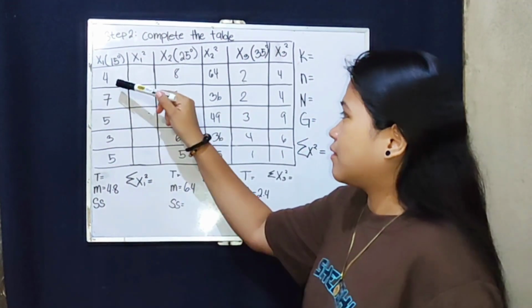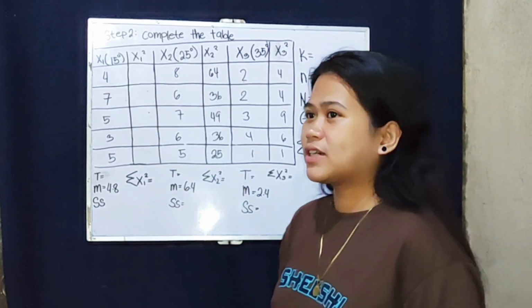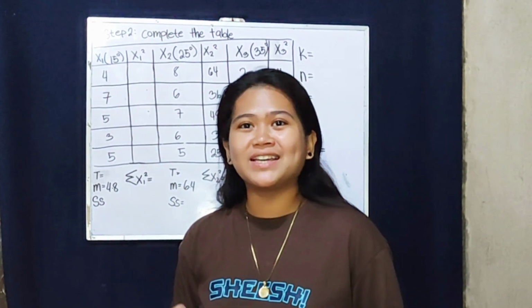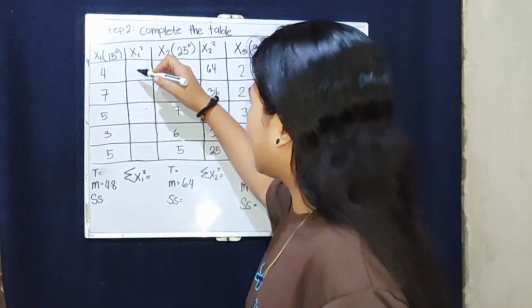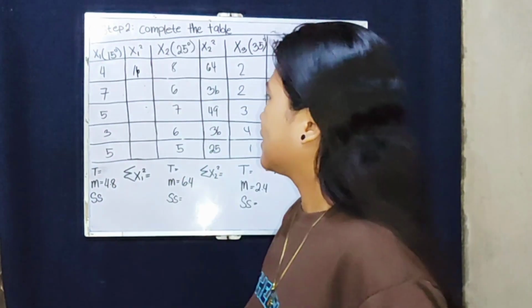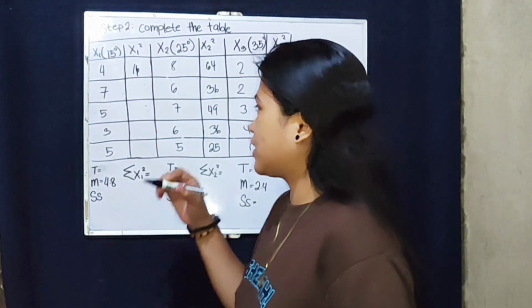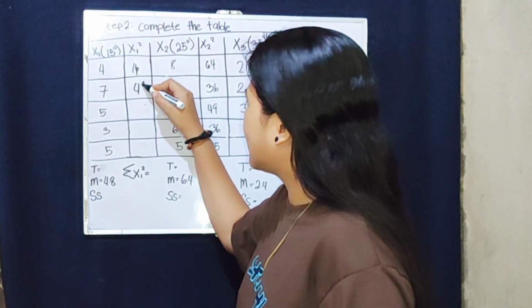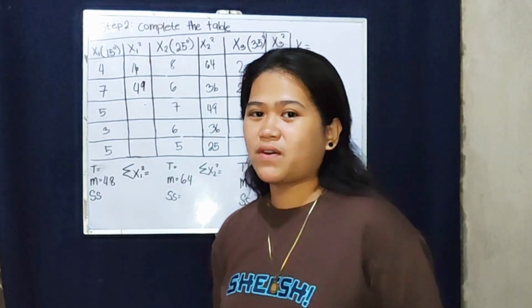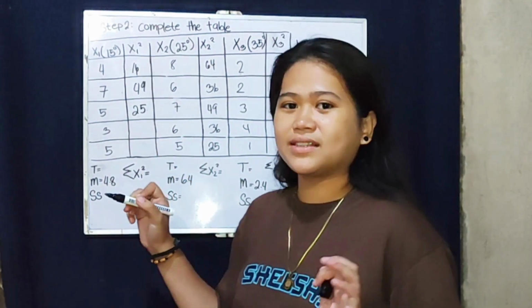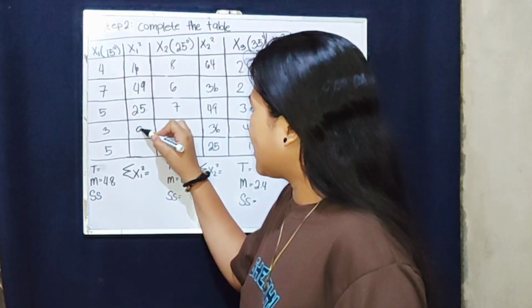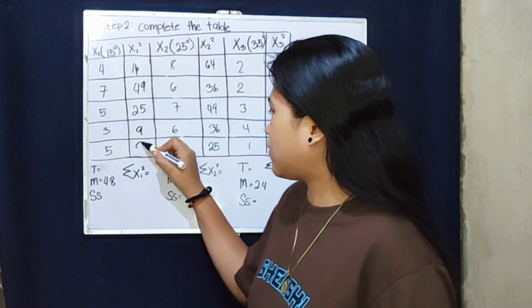So, ang kining 4 i-multiply by itself. So, 4 times 4 equals 16. 7 times 7, 49. 5 times 5, 25. Then 3 times 3, 9. Then 5 times 5, 25.